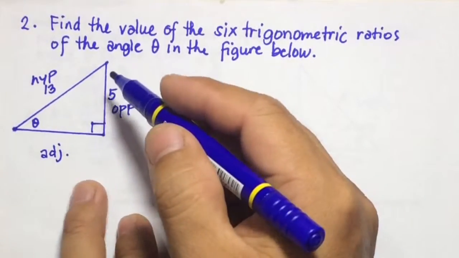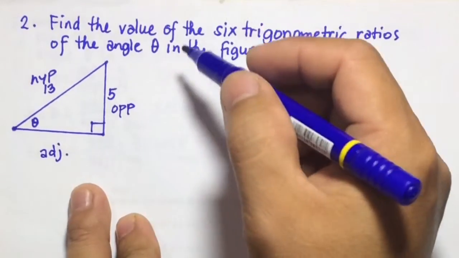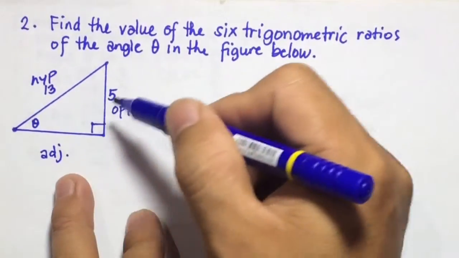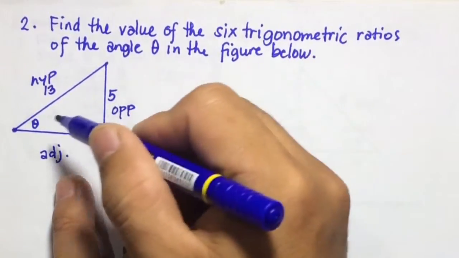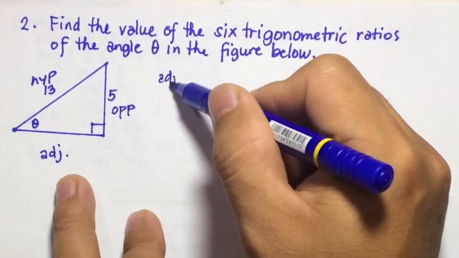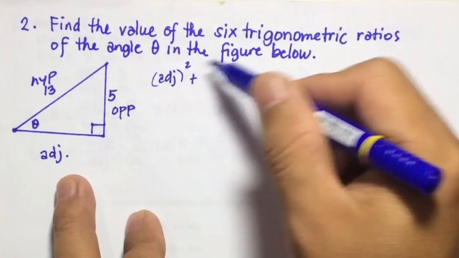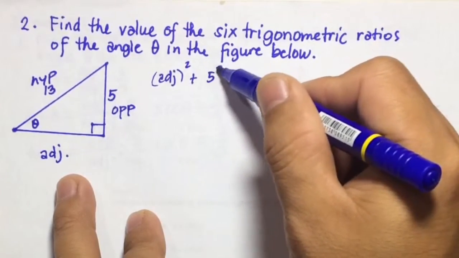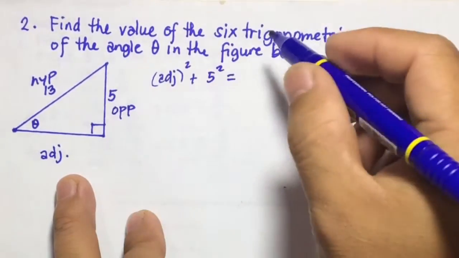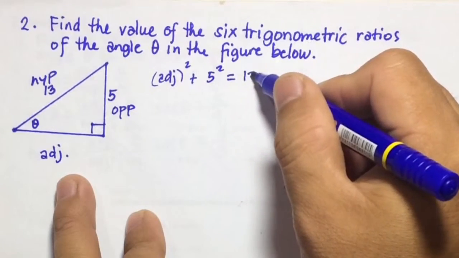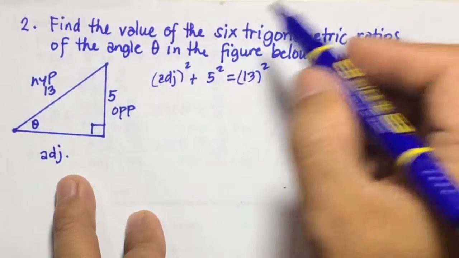So finding that one using Pythagorean theorem, we're going to have adjacent side squared plus opposite side squared, that will be 5 squared, equals the hypotenuse squared, 13 squared.